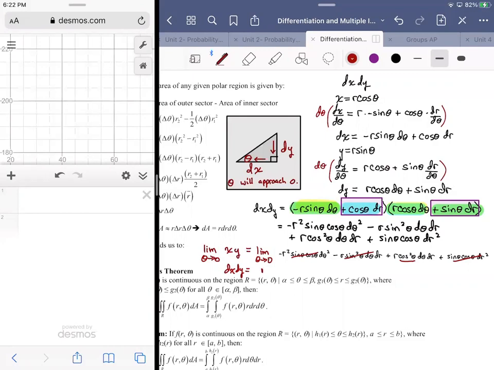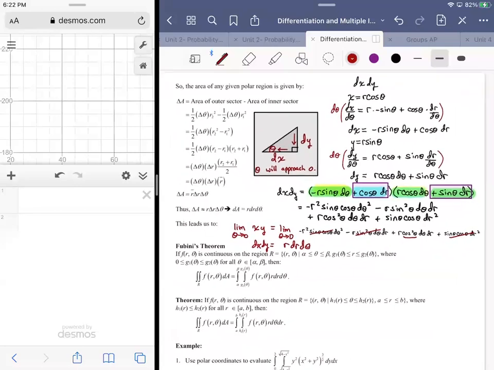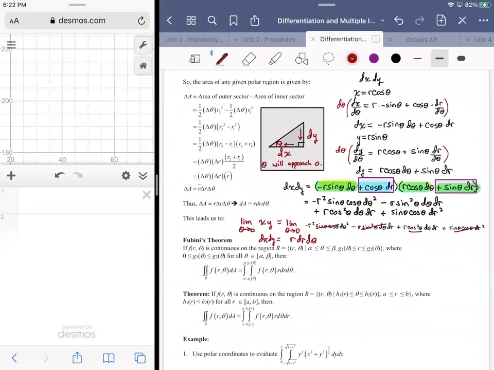So I get my relationship r dr d theta. That's what dx dy is equivalent to, and also dy dx. It definitely takes a little doing, but we get there, with the limit being the key to the whole thing.